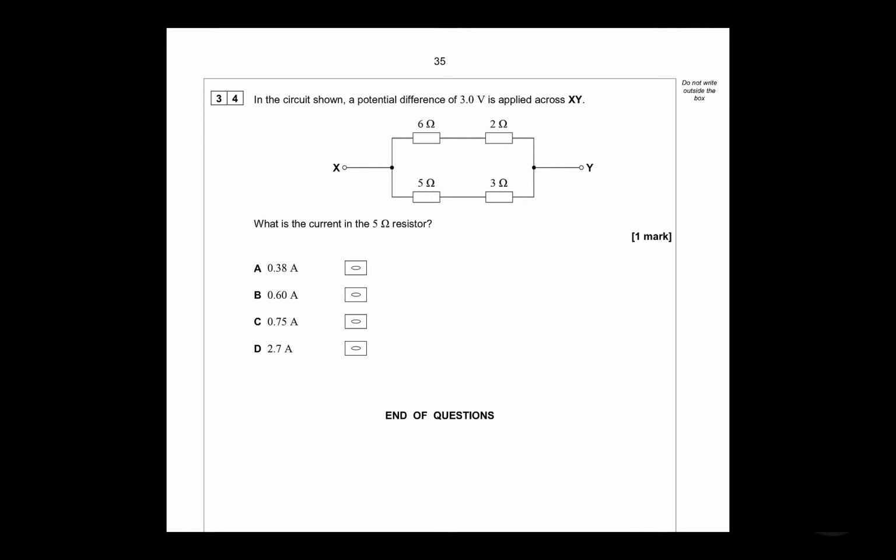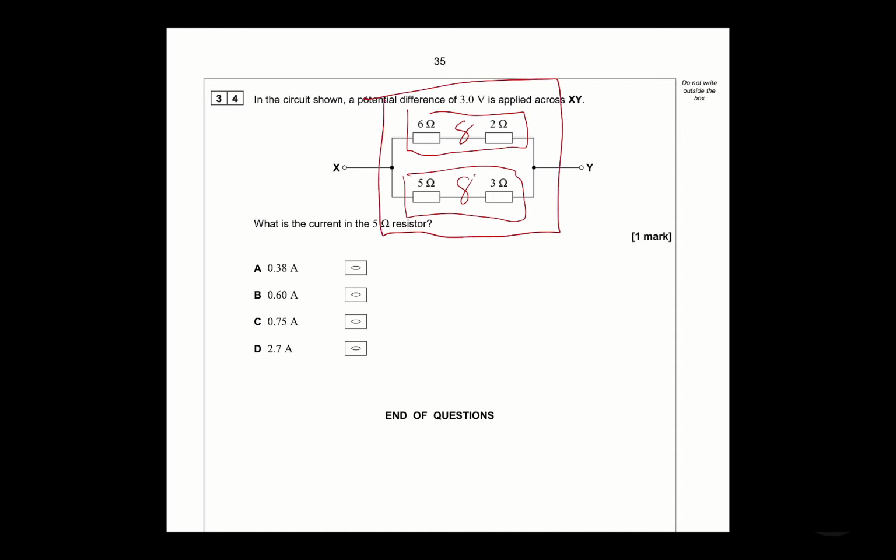Current in the 5 ohm resistor. Okay, so that means that this series configuration is 8. This series configuration is 8. That means that this configuration is 4 ohms. Okay, so 2 identical resistors in parallel, and you will get half the total resistance.